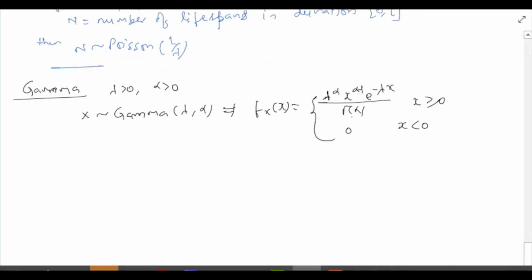Here gamma alpha is a normalizing constant, and it is given by the expression integral from 0 to infinity of e raised to minus x, x raised to alpha minus 1 dx, and in fact this is called the gamma function.